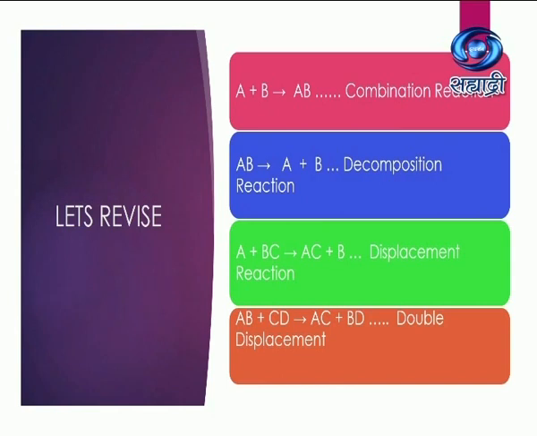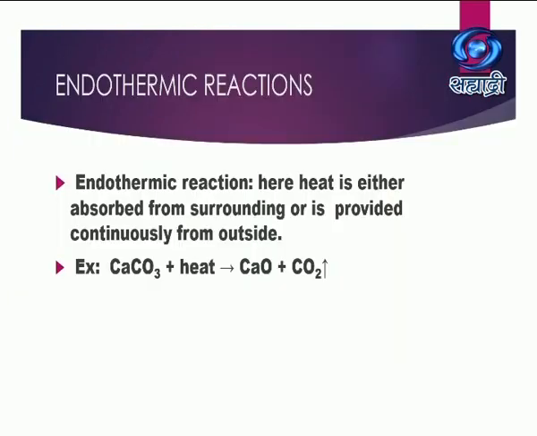Moving towards the next type of chemical reactions, endothermic reaction. An endothermic reaction is one where heat is either absorbed from the surroundings or provided continuously from outside. That type of reaction is called an endothermic reaction.